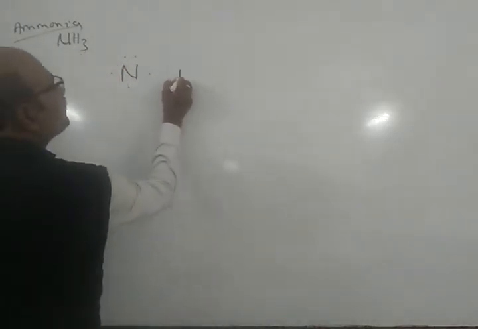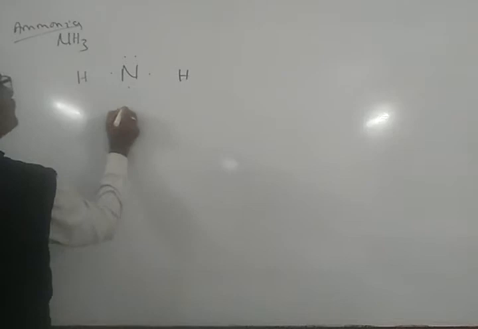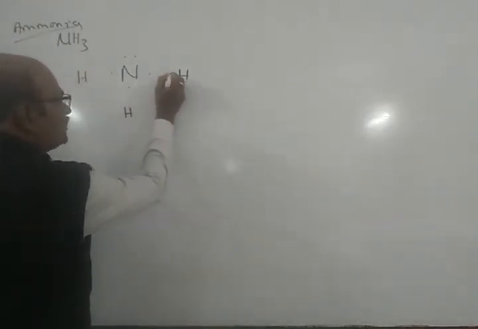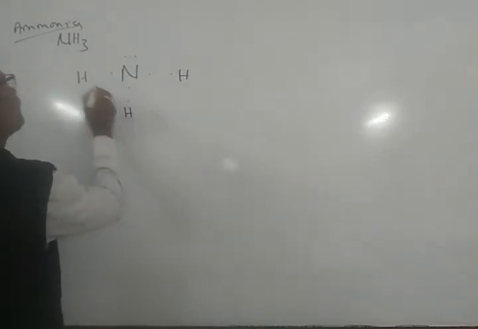See, when we are considering the molecule ammonia, here you see nitrogen atom N has 1, 2, 3, 4, 5 electrons in the valence shell. And when I am taking 3 hydrogen atoms, each hydrogen atom has 1 electron in its valence shell.